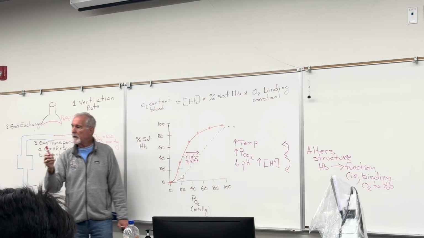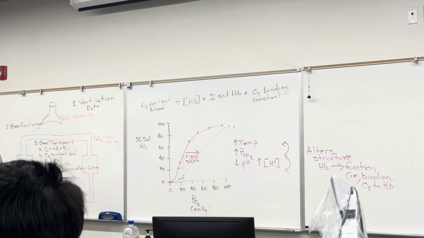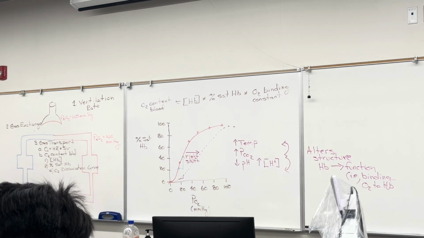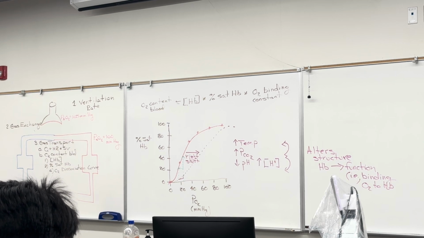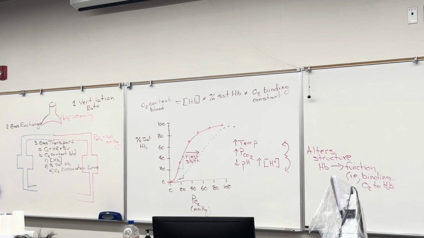And you're all going to tell me that that means that the affinity the hemoglobin has for oxygen has gone down. That means that the hemoglobin is giving up oxygen more easily. That's exactly what we want. We want to provide the working cells of the body easy access to oxygen. I think that's pretty cool.